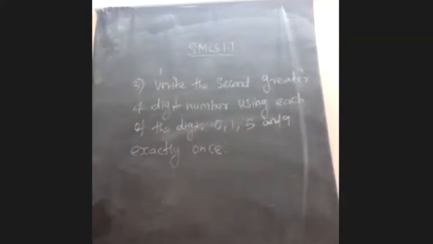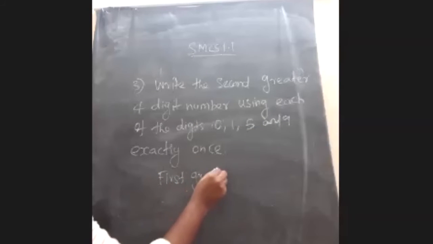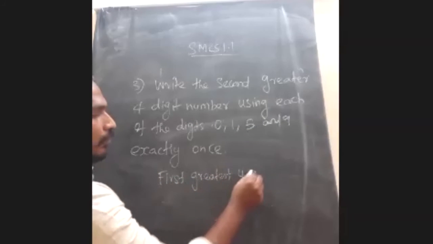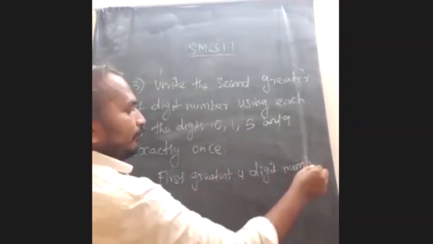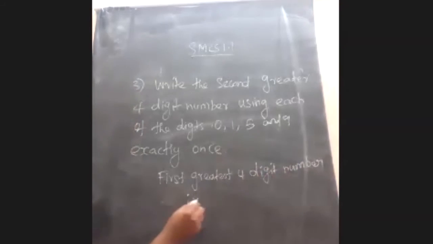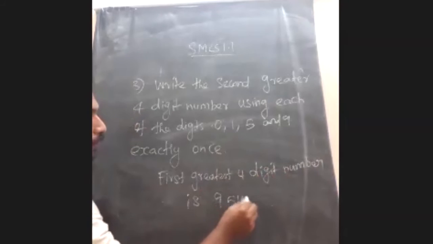Yes, most of them are saying the right answers. Very good. What is the first greatest number? First greatest 4-digit number is 9510.